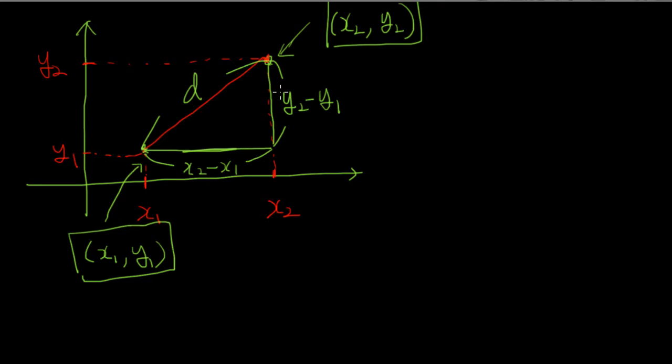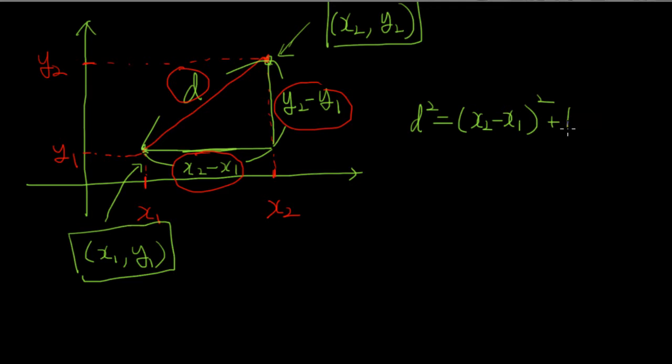So, according to the Pythagorean theorem, what was the deal? Let's say we have this, and this. So the deal was d squared must be equal to x2 minus x1 squared plus y2 minus y1 squared, right? So how do we get rid of this square?